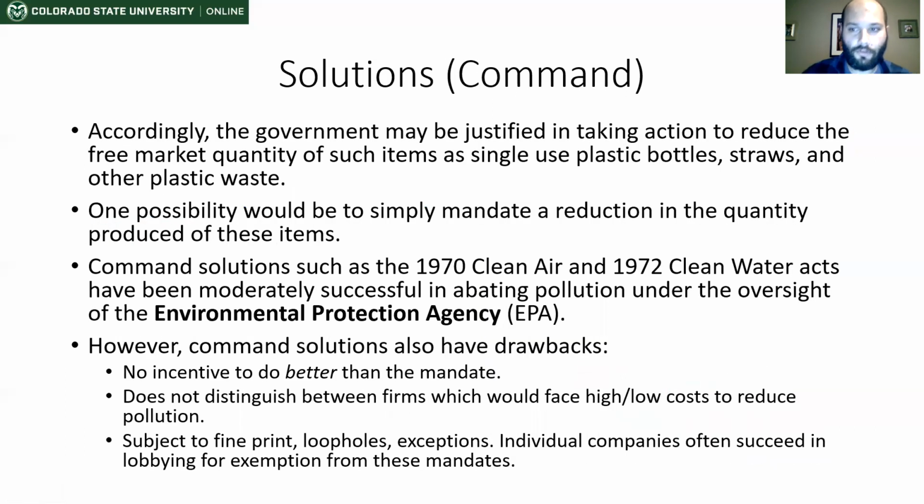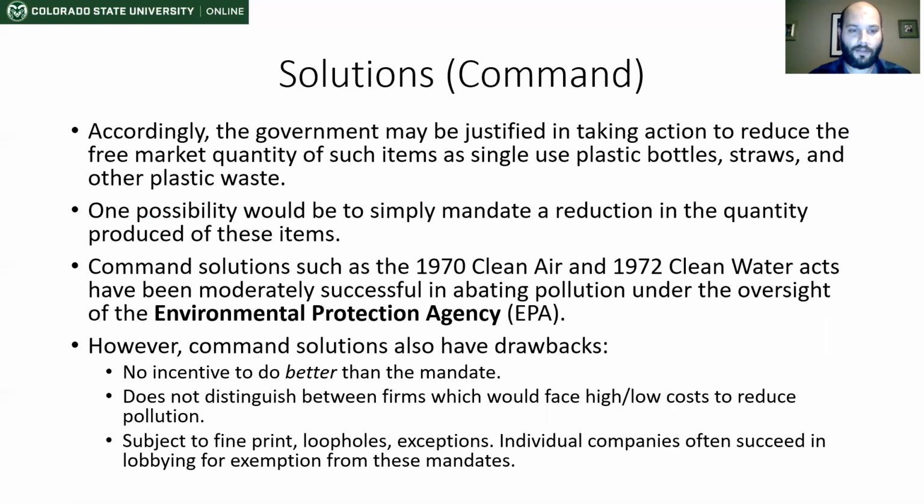So what are the solutions or possibilities for solutions to this problem, especially focusing on microplastics and plastics in the ocean, which is a topic for our week 7 discussion? Well, one type or one field of solution is a command-based solution. So the government may be justified in taking action to reduce the free market quantity of items like single-use plastic, straws, bottles, other plastic waste that ends up in the ocean and in landfills.